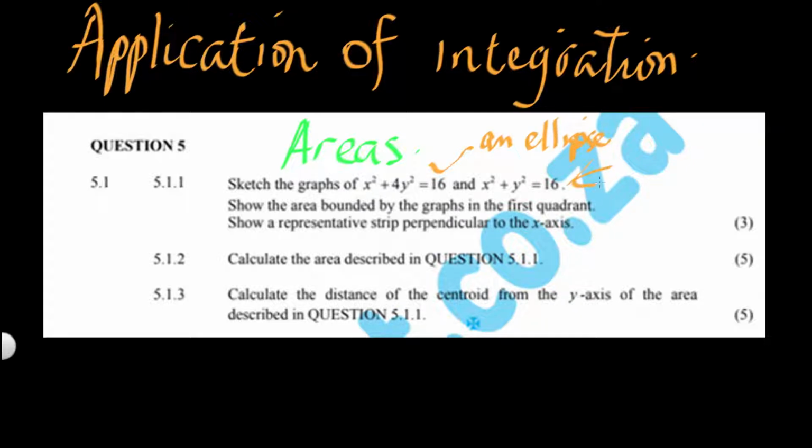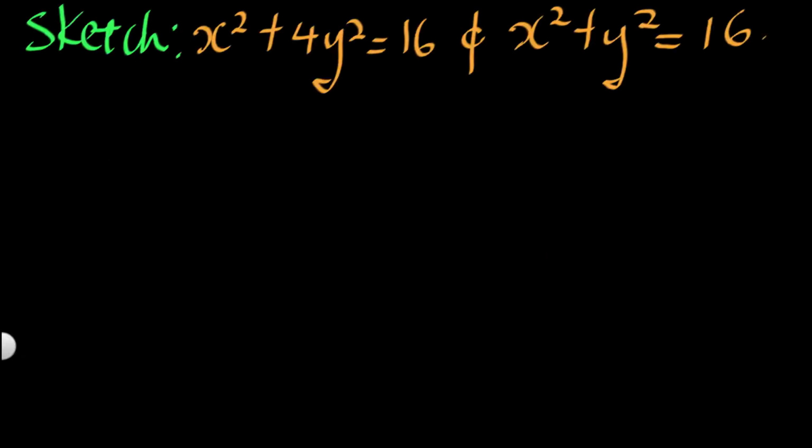The other graph here is a circle. So this is an ellipse and the other one is a circle that is centered at the origin with a radius of 4. Armed with that knowledge, I can quickly and easily do my sketch. So let me go to the sketching.